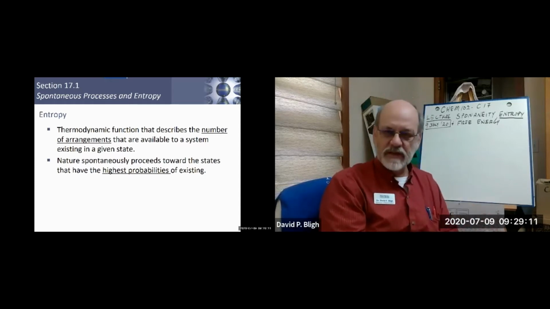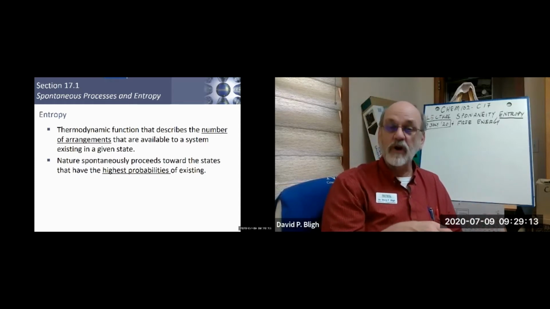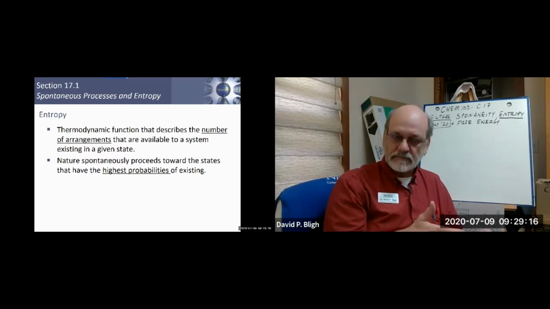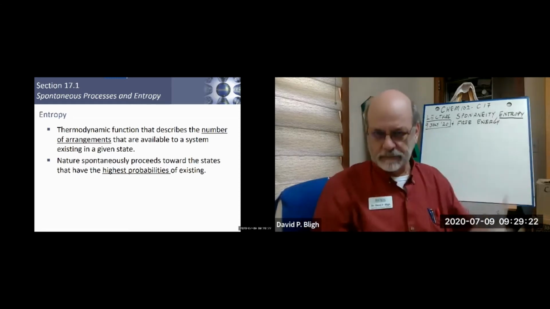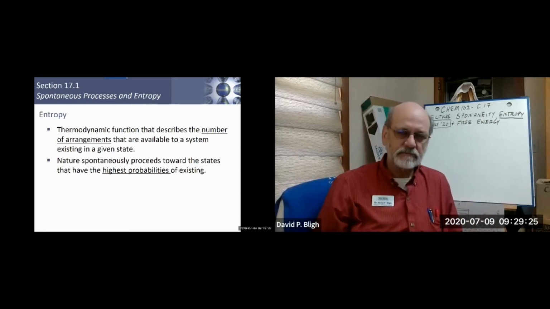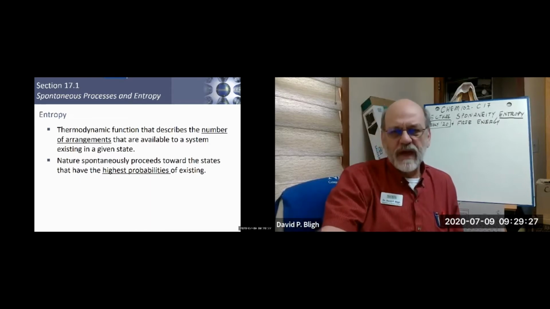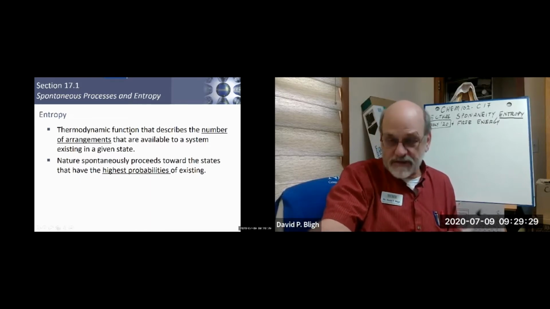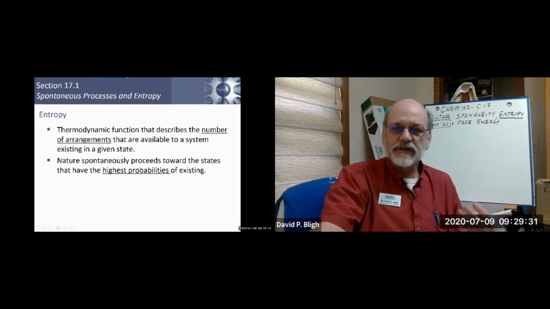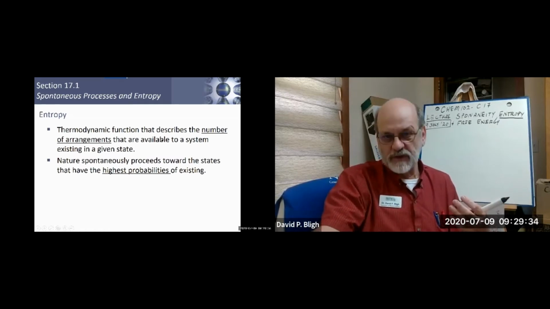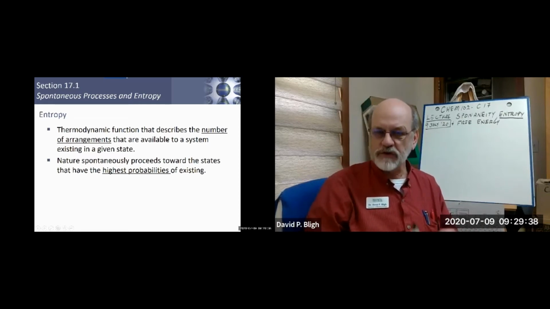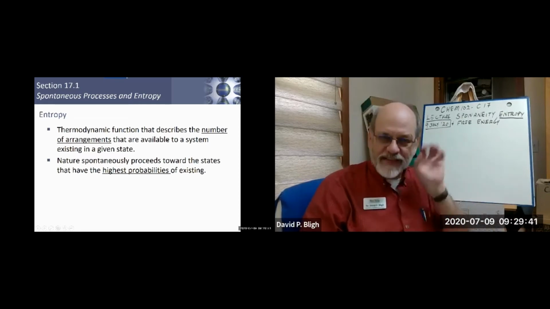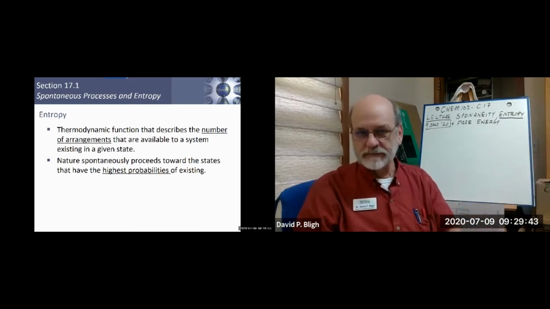So then you get the driving force in terms of probability to create that spontaneous movement from small volume to large volume. We often say that this function describes the number of arrangements. So if you increase the number of possible states for your system, then that's the direction it's going to move.